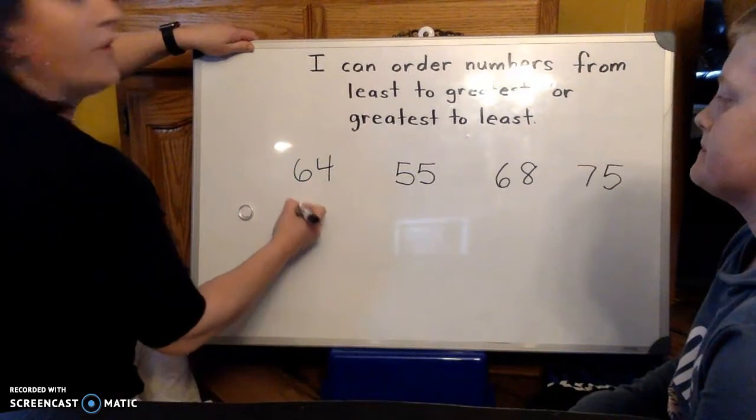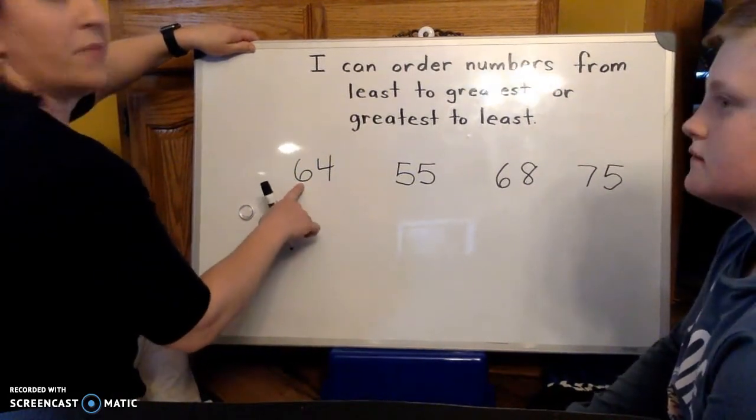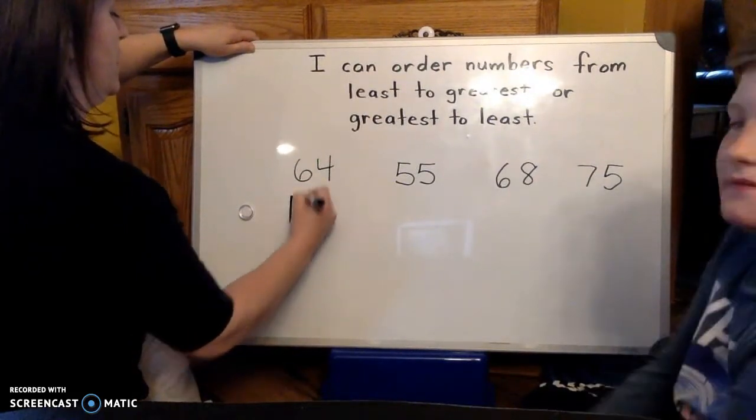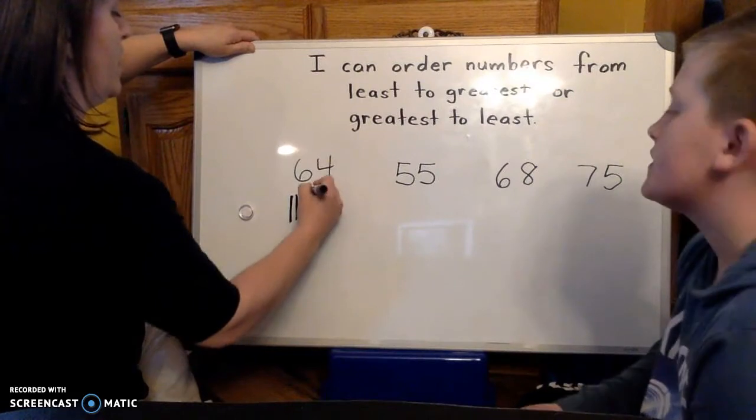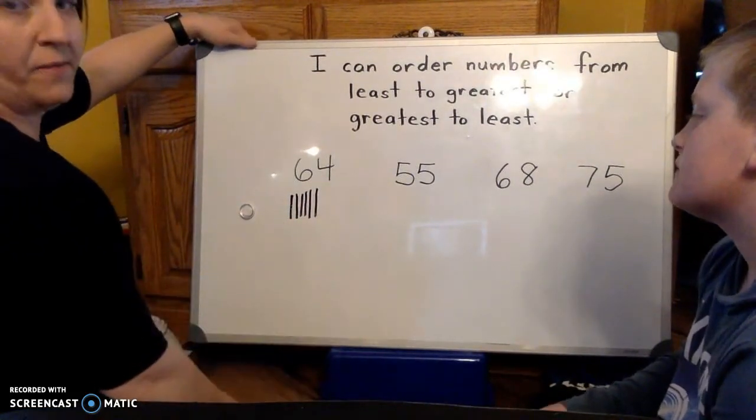Now that I know that they're a 10, I just draw them with a line. So 64 has how many tens? 6. 1, 2, 3, 4, 5, 6. They kind of look like a tally, right?